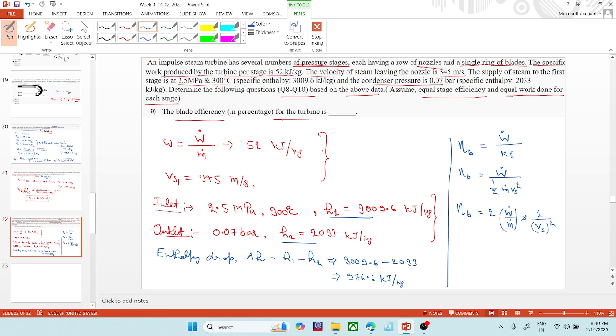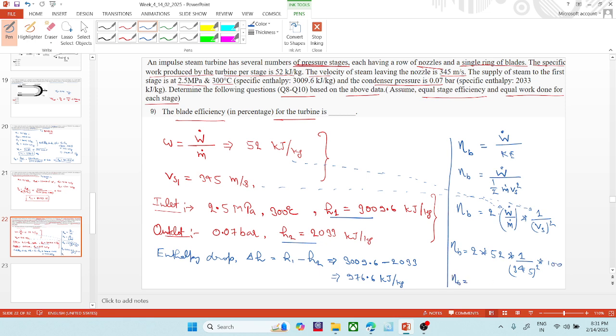So this ratio W dot by m dot we will put here, and this Vs1 we are having here. After putting these values, we will get eta B equals 2 into 52 into 1 by the square of 345, and to convert into percentage I will multiply it by 100.